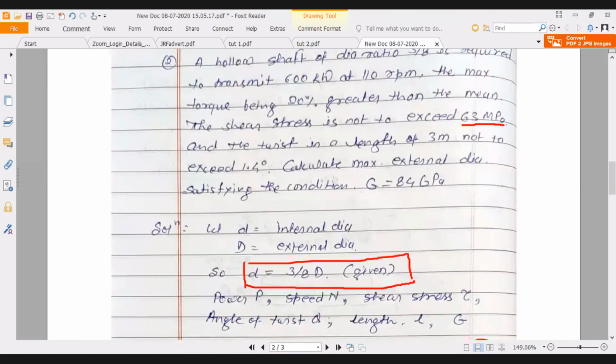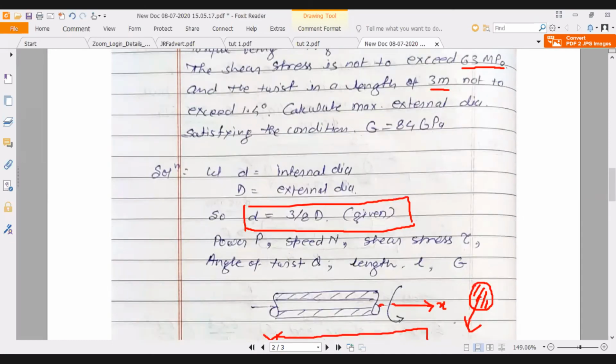And again in the question, see carefully, it is given that the twist in a length of 3 meter is not to exceed 1.4 degree. Means suppose the length of that hollow cylinder is 3 meter, then the twist should not exceed 1.4 degree.